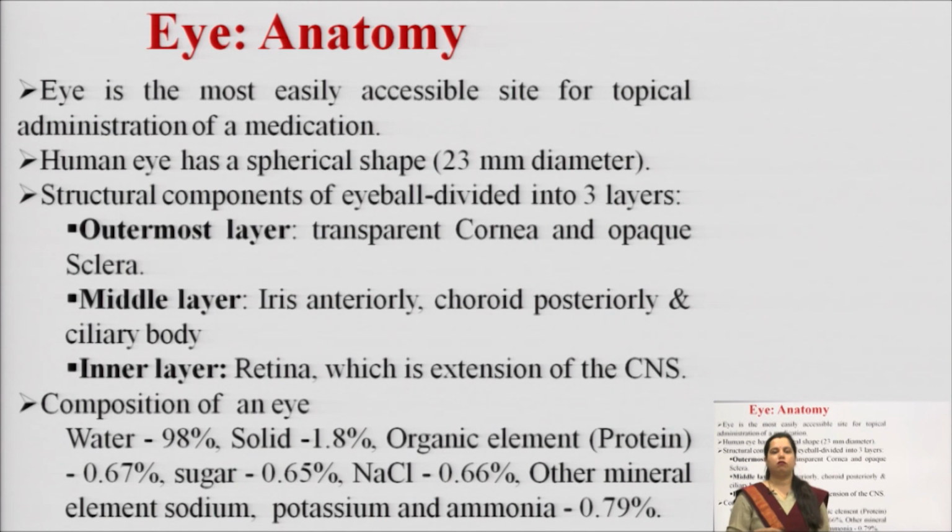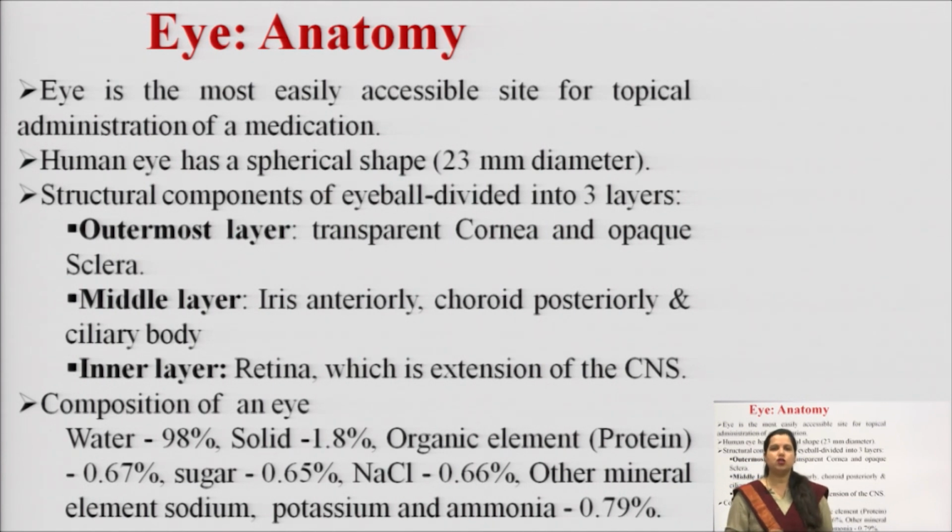The middle layer consists of the iris, the anterior part, and the choroid, the posterior part, and the ciliary body, right. So, I have 2 parts, anterior and posterior. Then the middle layer consists of iris and choroid and ciliary body as well. The inner layer consists of the retina, which is an extension of the CNS, right.